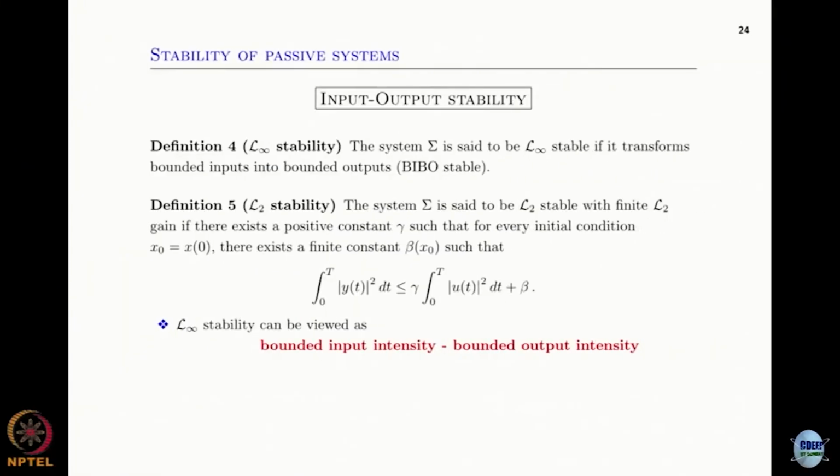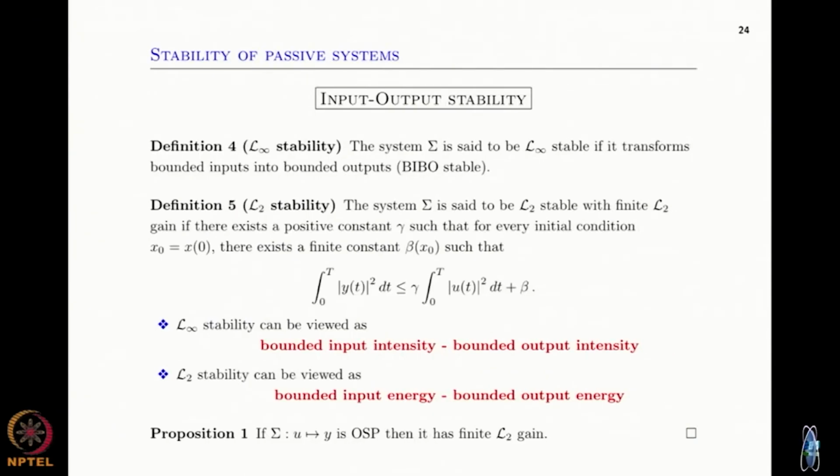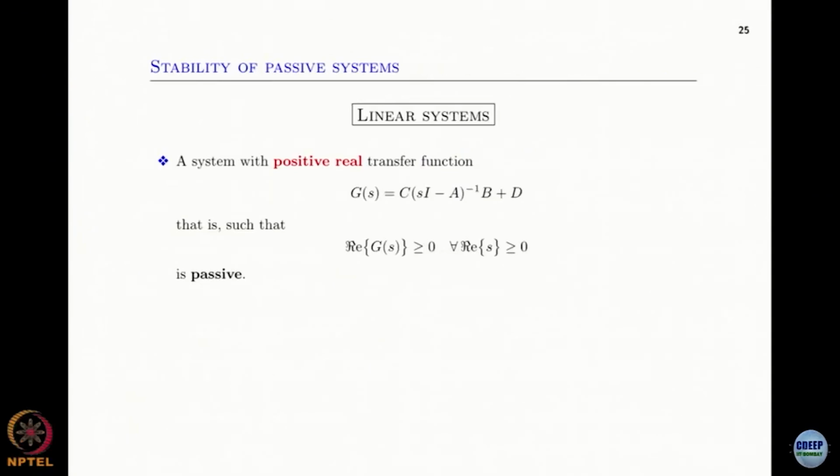I will not do input-output stability. Let me just tell you a little bit about this, because I want to show you how we can use passivity for control. But for that, I first need to tell you about a couple of things in terms of passivity theory.